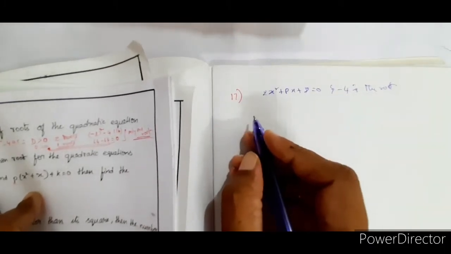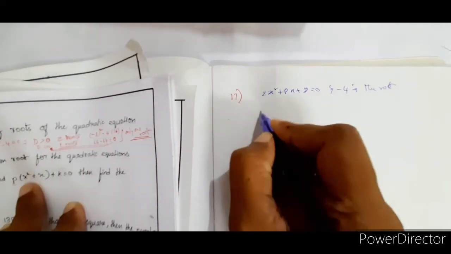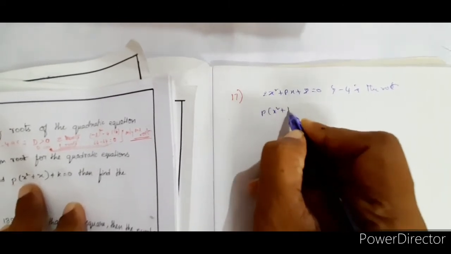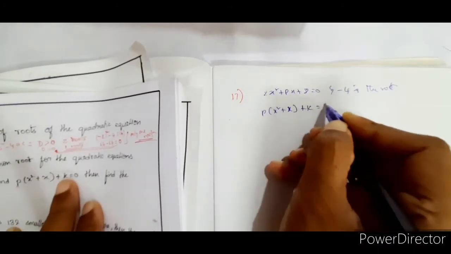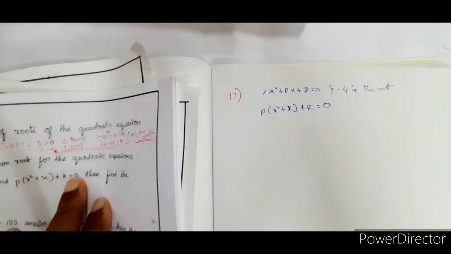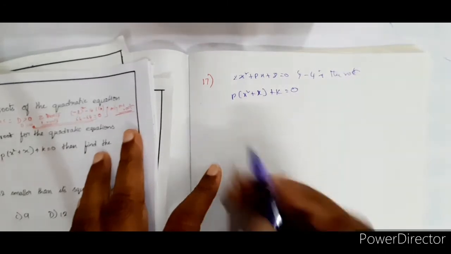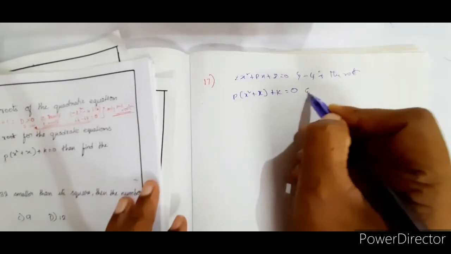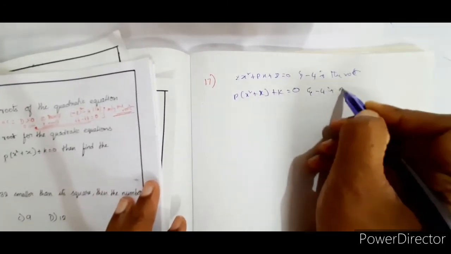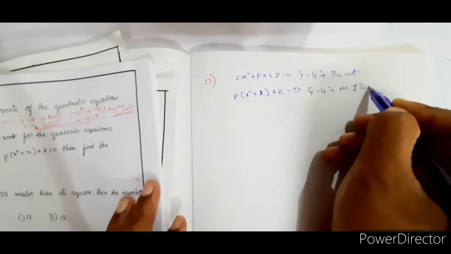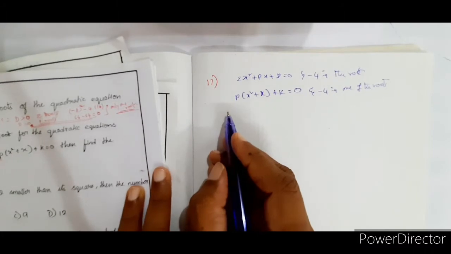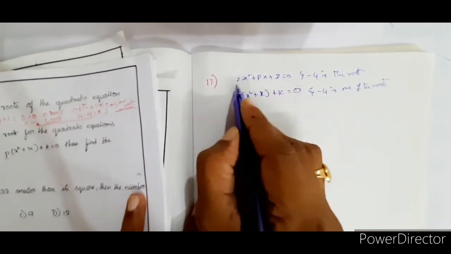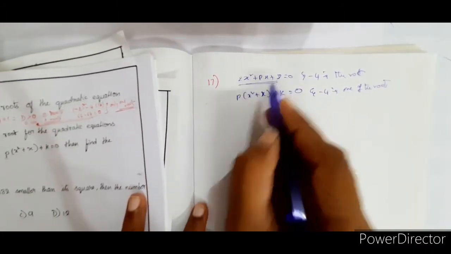The other one here is p into x square plus x plus k is equal to 0, and here also minus 4 is one of the roots. So what do we do here? First we will find p from this equation.